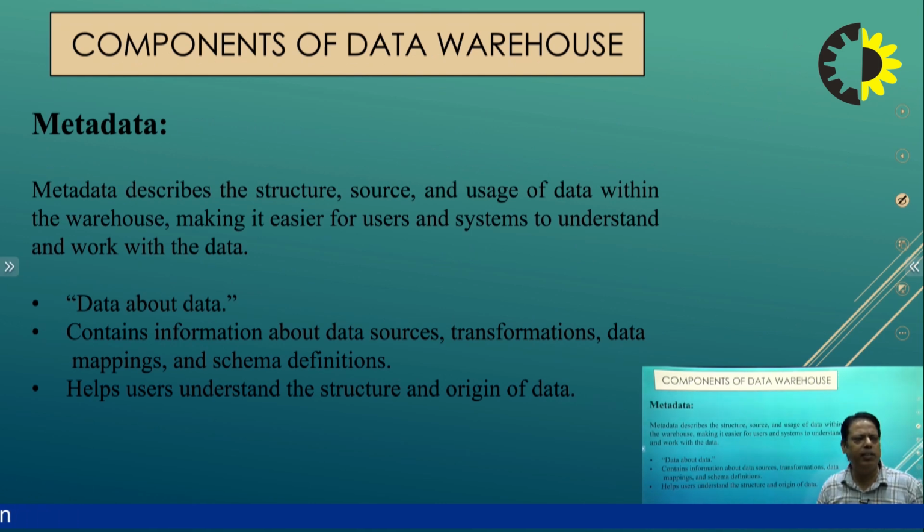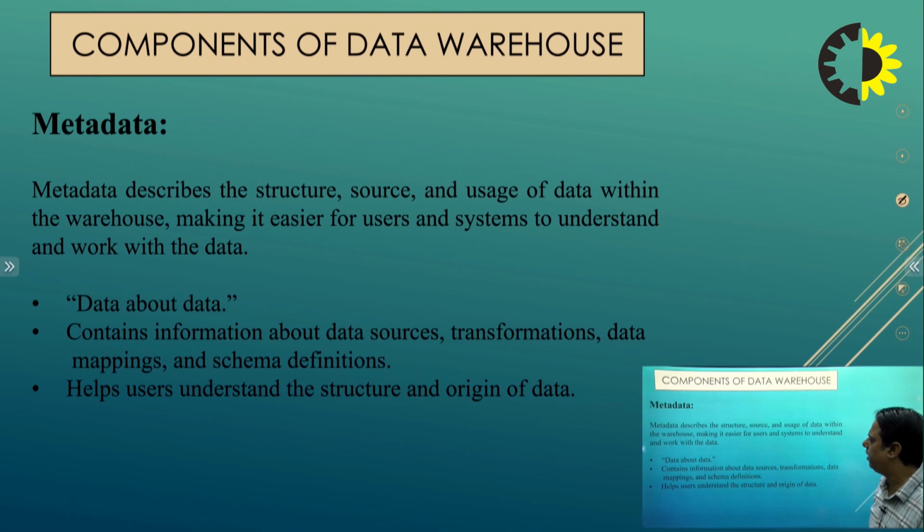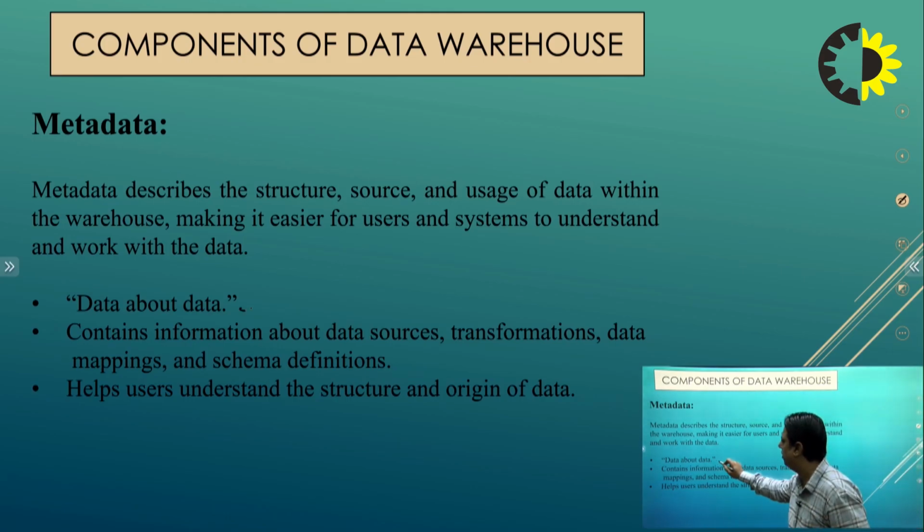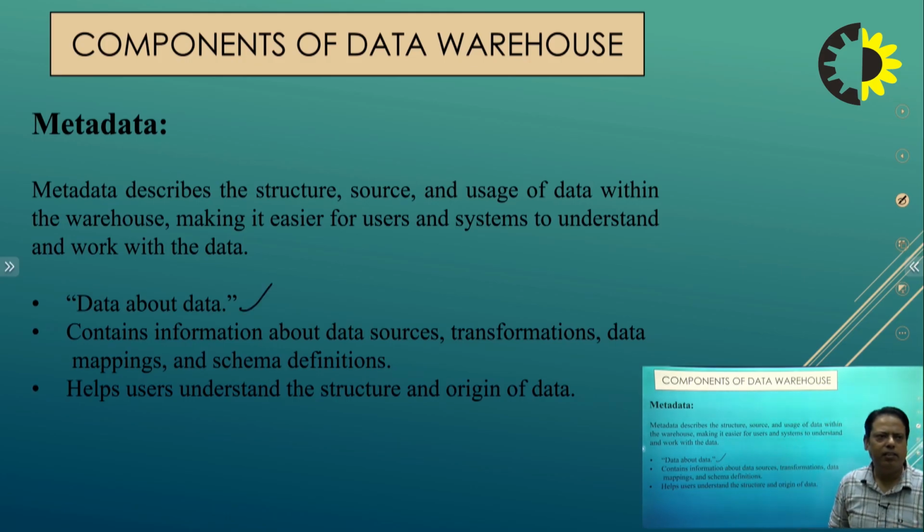The next component is metadata. Data about data is called metadata. Metadata describes the structure, source and uses of data within the warehouse, making it easier for users and systems to understand and work with the data. It contains information about the sources, transformation, data mapping and schema definitions.